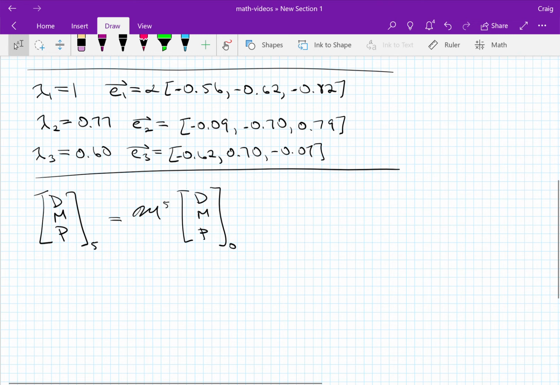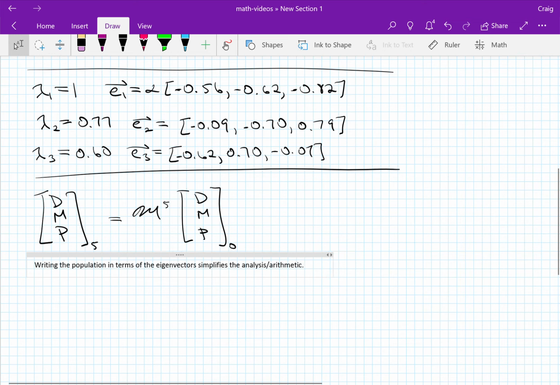So writing the state vector, or writing the population vector, in terms of the eigenvectors simplifies the analysis and arithmetic.